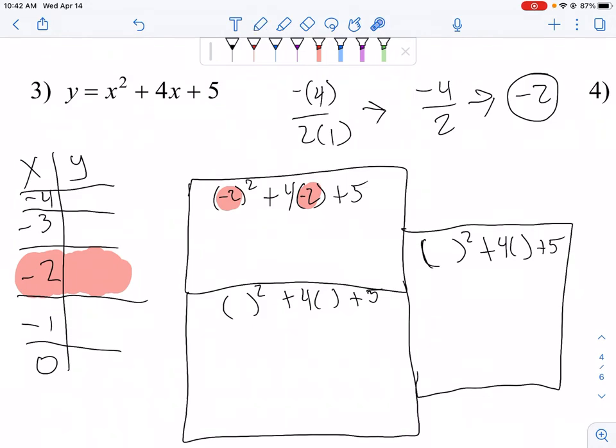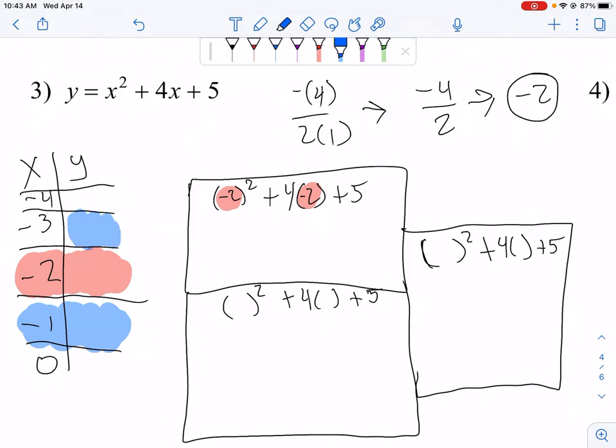And then it's our choice. I could either use -1 or -3, because either one that I use, I'm going to get the same answer. So I just have to pick. I'm going to choose -1 just because it seems a little bit easier to work with. So I'm going to find out what happens when I plug in a -1.